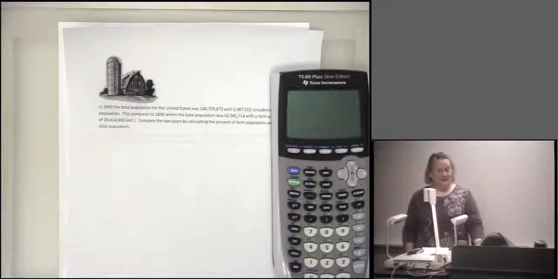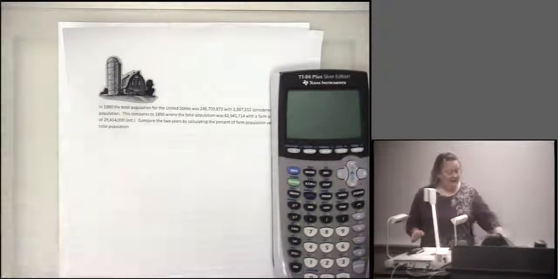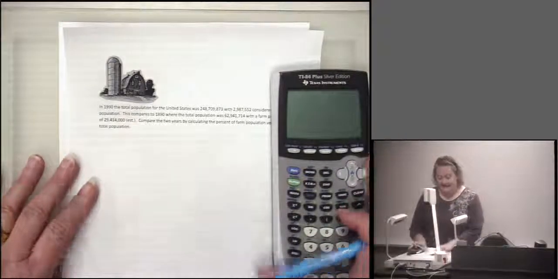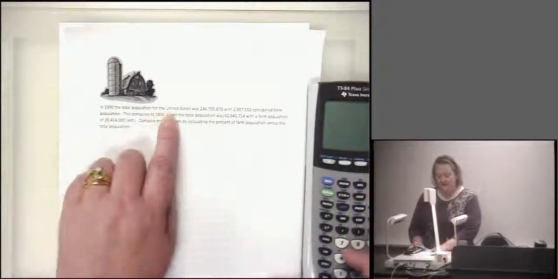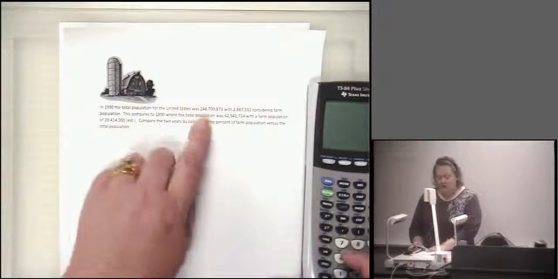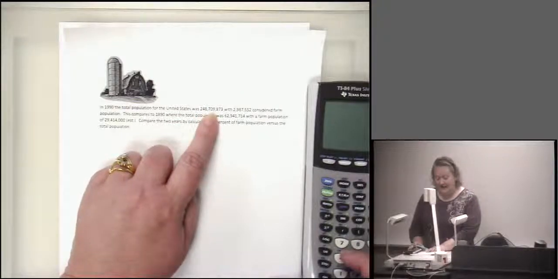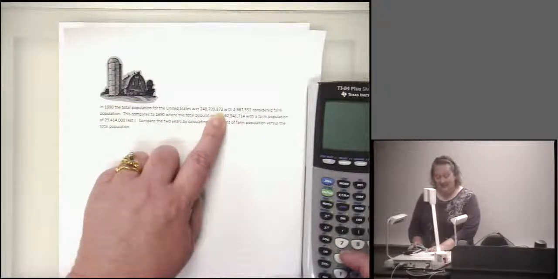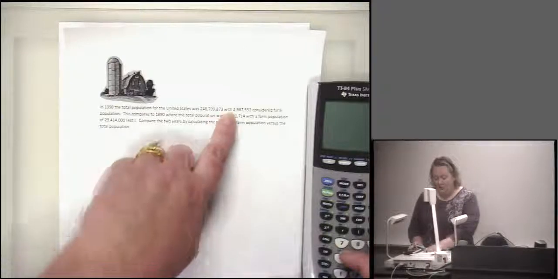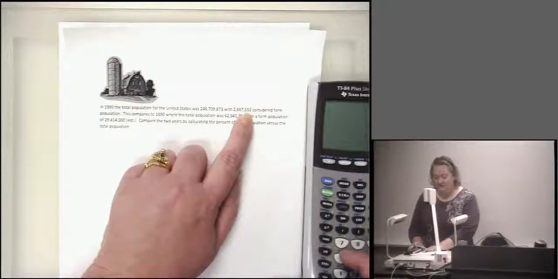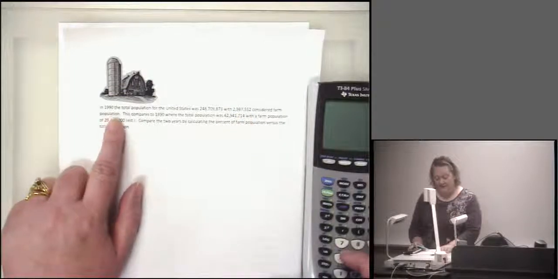Let's look at 3 examples that I have. The first one is about some farm population, and so let's just dive right into our problem. In 1990, the total population for the United States was 248,709,873, with 2,987,552 considered farm population.